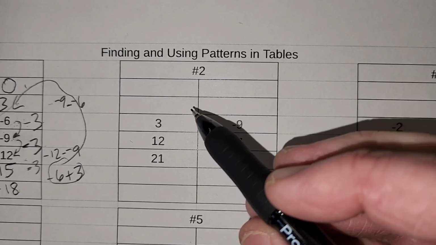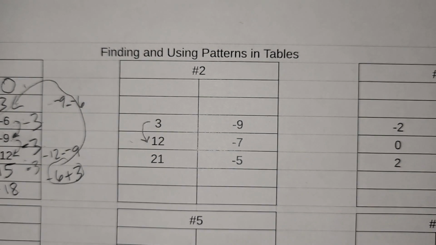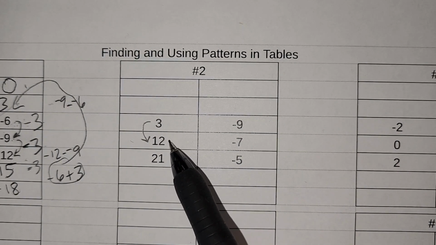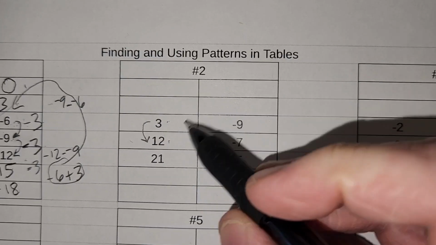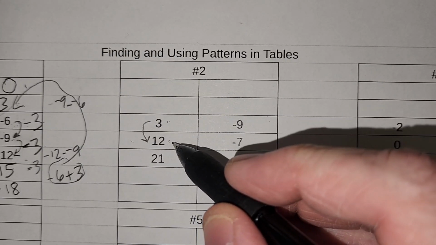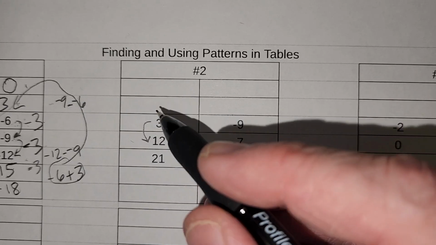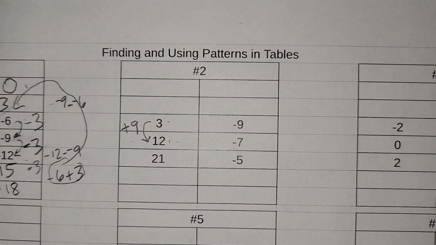Okay, so I'm getting from 3 to 12. How do I get from 3 to 12? Okay, so we're going to start with and take away, and everybody's plugged it in. And you all say it's 8. No, it's 9. So plus 9.